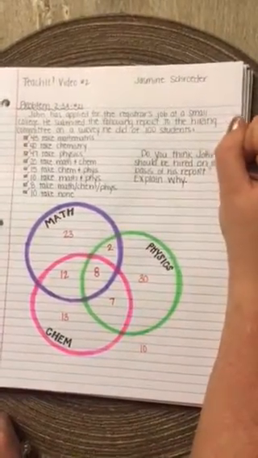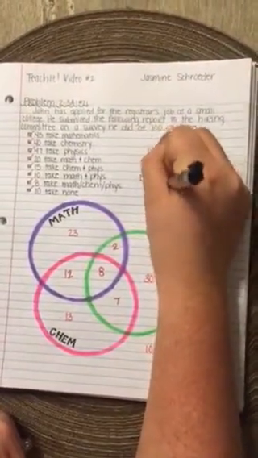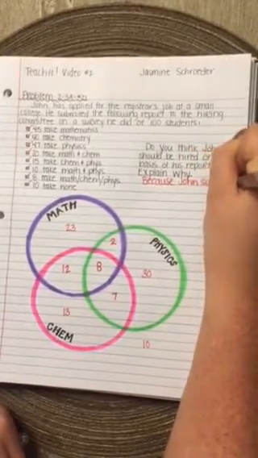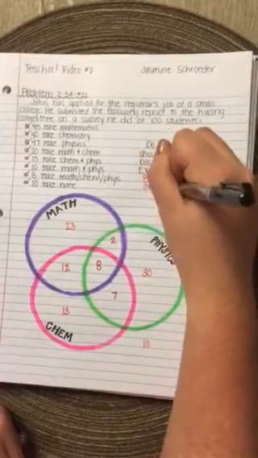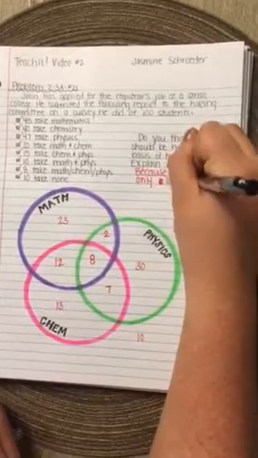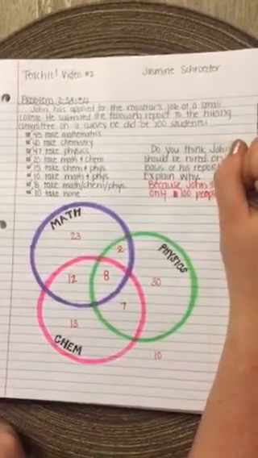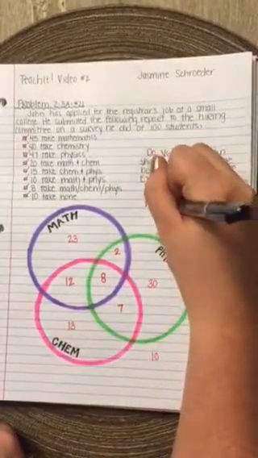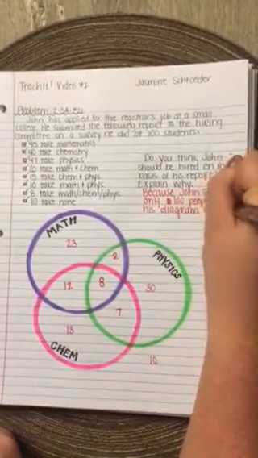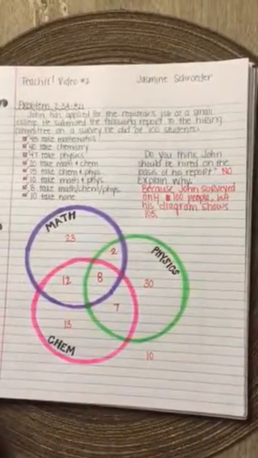I'm going to say no. And that would be because John surveyed only 100 people, but his Venn diagram represents 105. And that is problem number 2-3A, number 21.